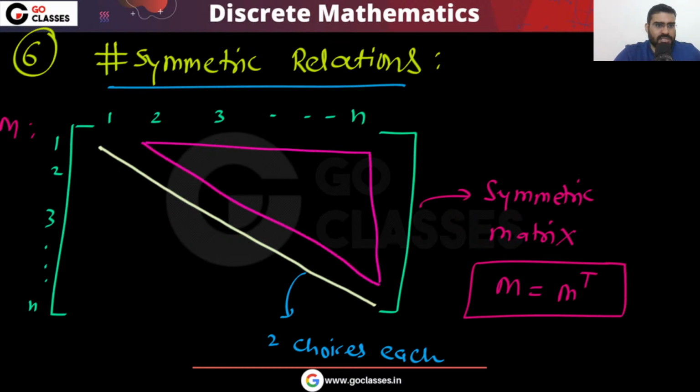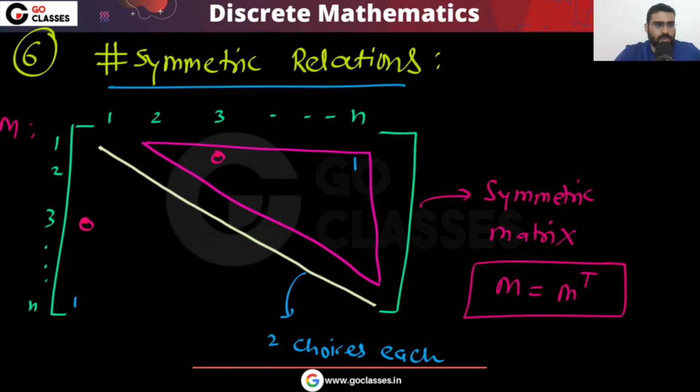In this area, whatever you have here, for example 1,3, that same value must be here, correct? For example, if this is 0, then the same 0 you must have here. Similarly, if you have 1 here, then the same 1 you must have here.